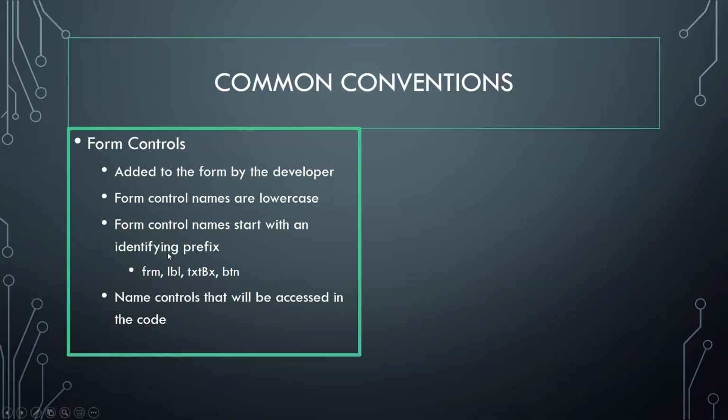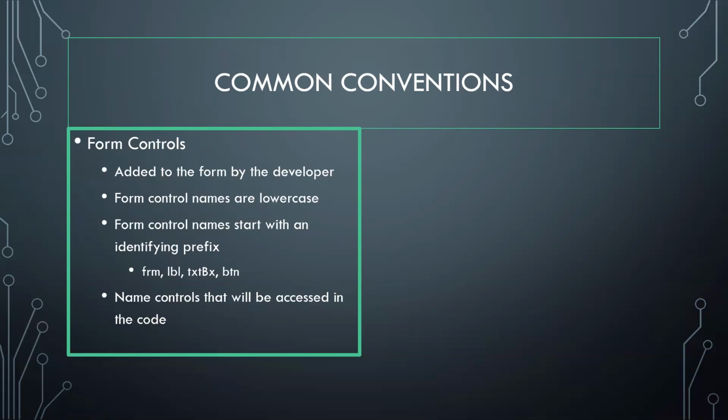A lot of programmers like to use a prefix to identify what type of control they're using. We've been using the full text box prefix, which is kind of long, but I think it's the clearest for us when we're starting out. We'll often see that abbreviated a little bit to like txtbx. That can get kind of messy with our .text property.